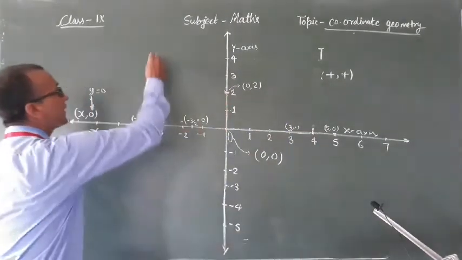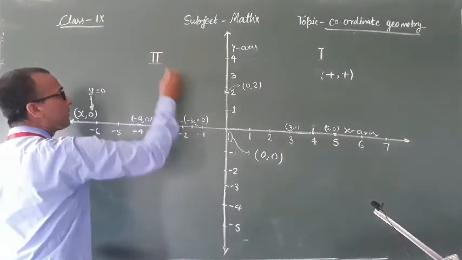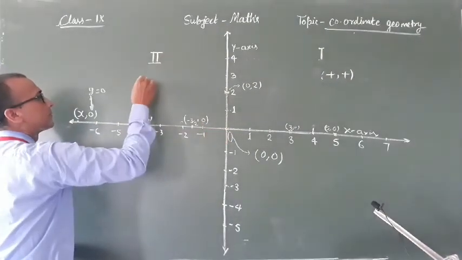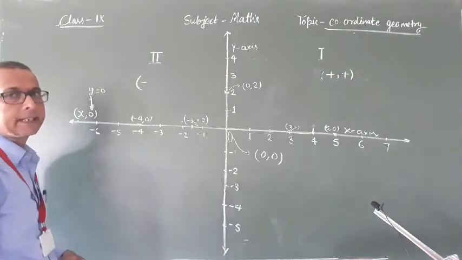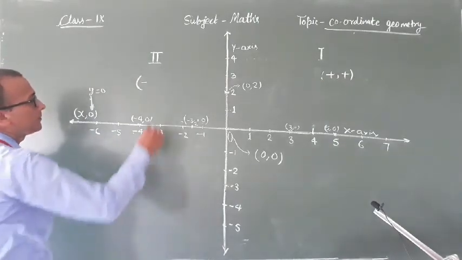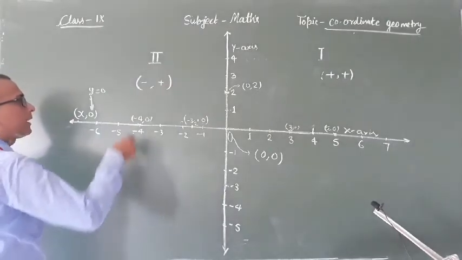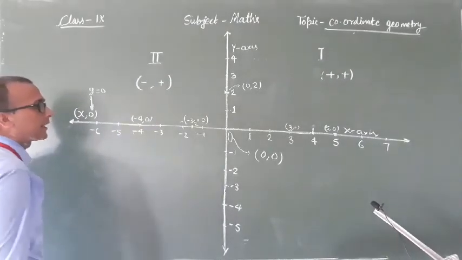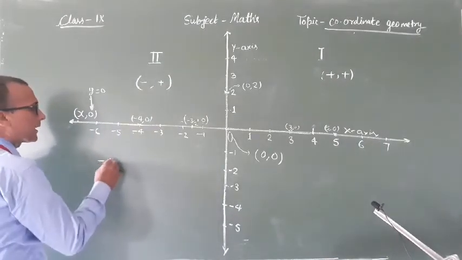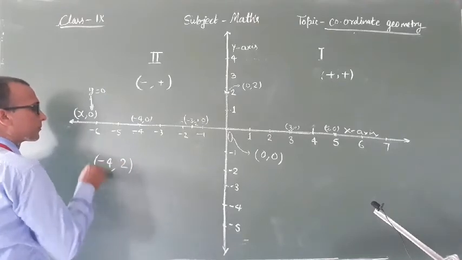In the second quadrant, the value of the x-axis is negative, so a negative sign comes first and then a positive sign; it will definitely be in the second quadrant. Suppose (-4, 2).